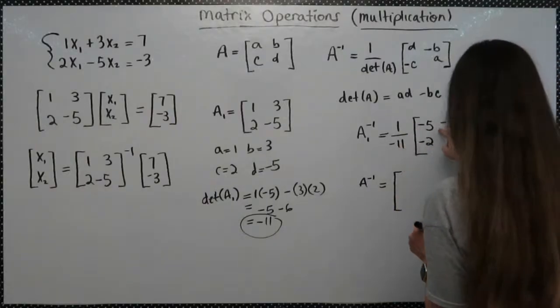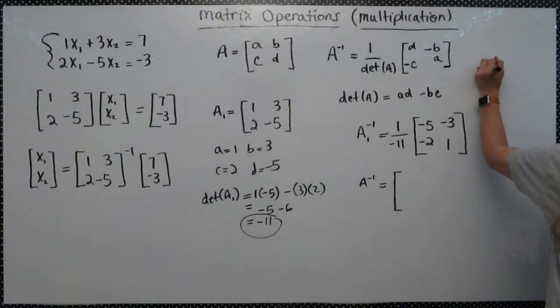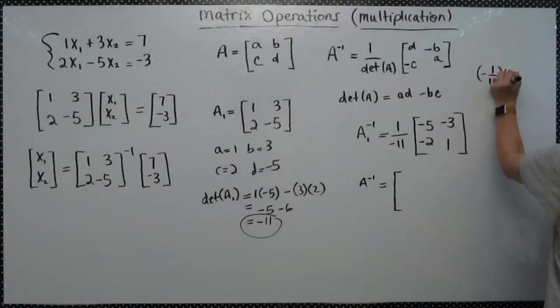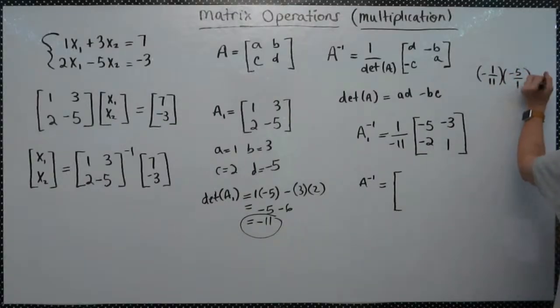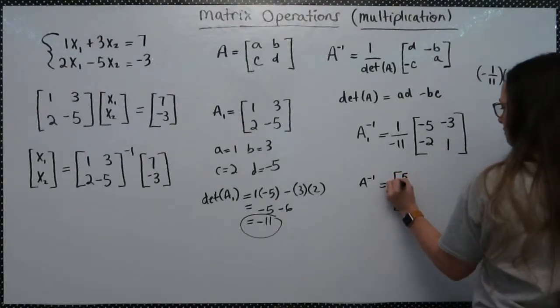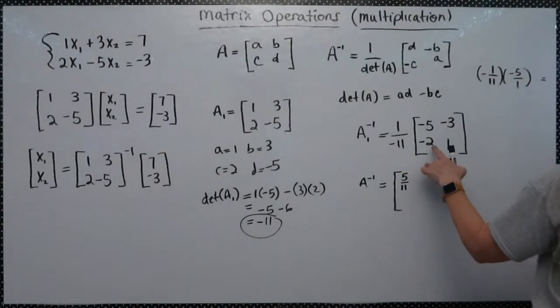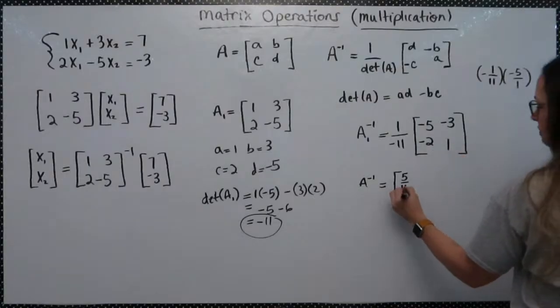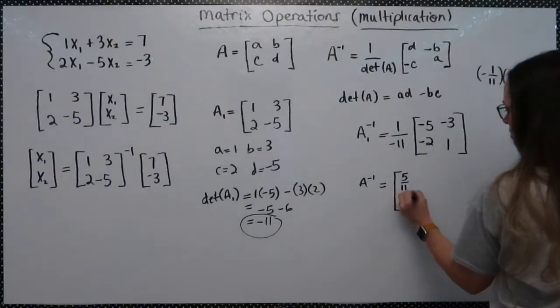1 over 11 times -5, two negatives make a positive, so that's positive 5/11. And then the same thing with -2 is going to give me positive 2/11.